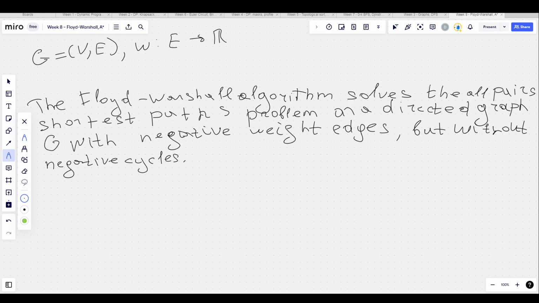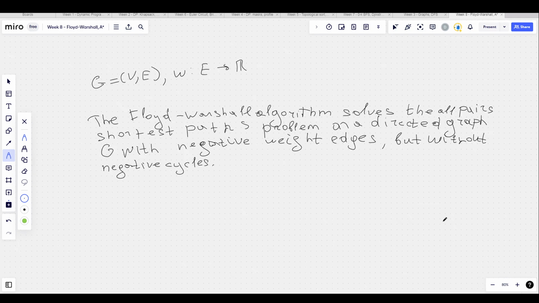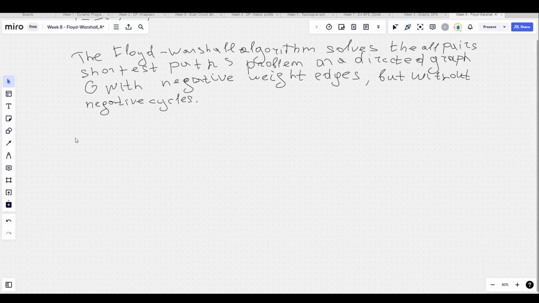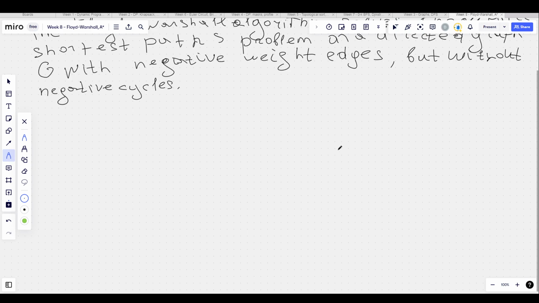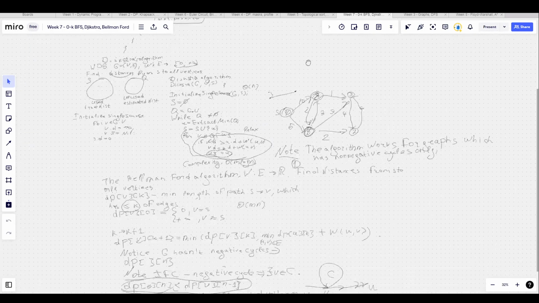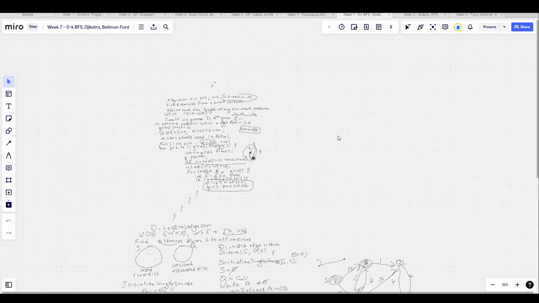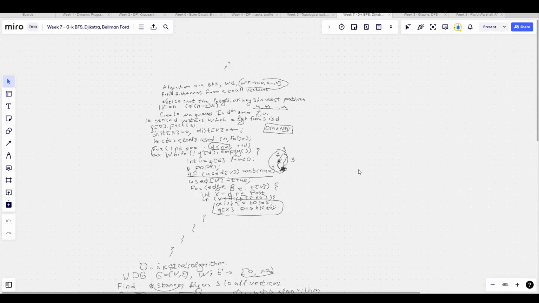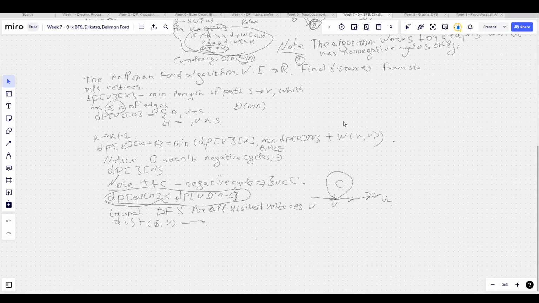So, as in this task, this algorithm uses the pair, just as we did in the Bellman-Ford algorithm.